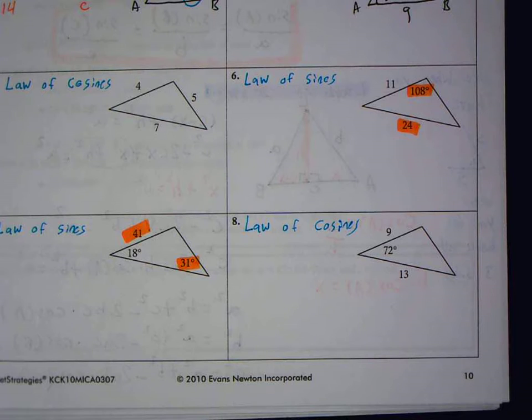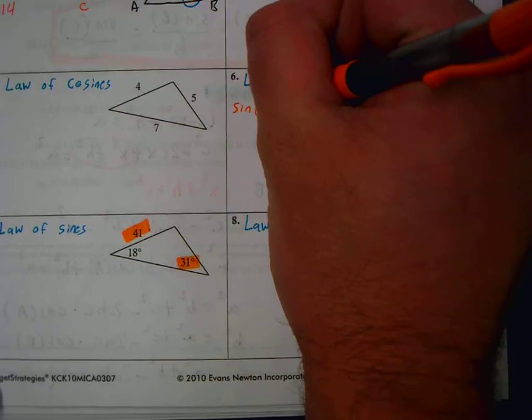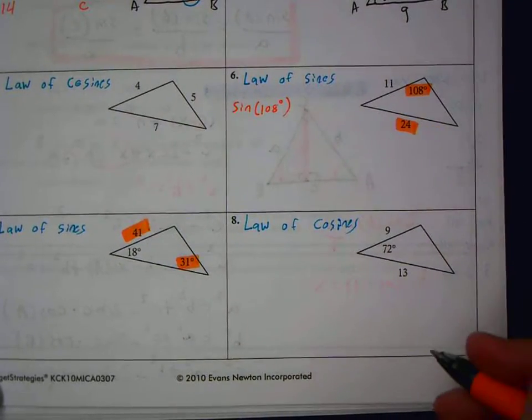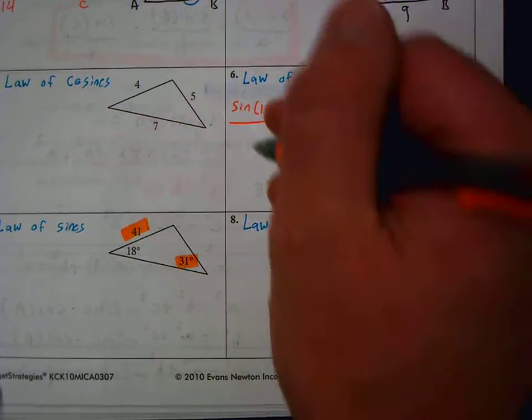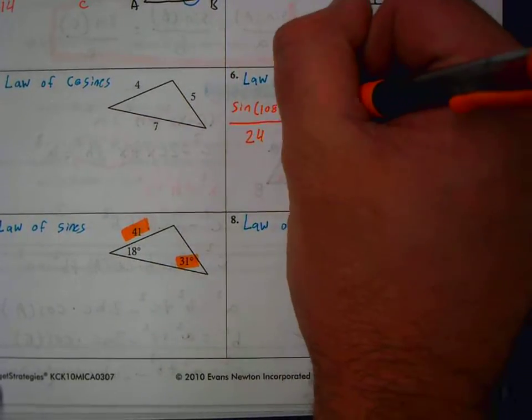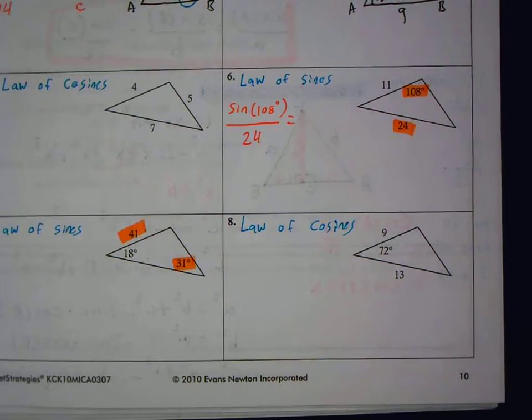What would be my first ratio? Oh, 8 over what? 24 equals... It might be helpful, maybe, just maybe, if I were to label this.